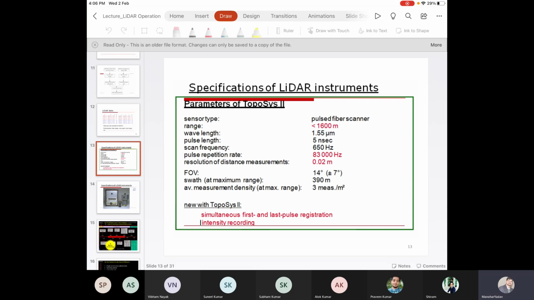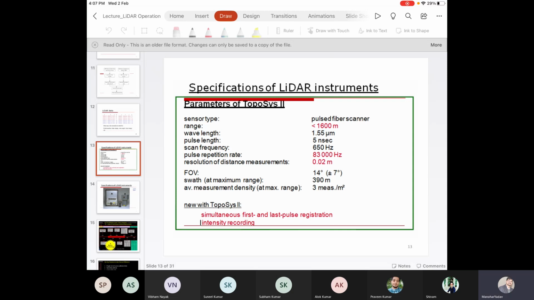If the field of view is 14 degree, then swath at the ground is equal to 2h tan theta by 2. If h is equal to maximum 1.6 kilometer, so 2h is 3.2 kilometer, tan theta by 2 is tan 7 degree. So you will get a swath at maximum range of 390 meter. Average measurement density is how many laser footprints per meter square by using these parameters.